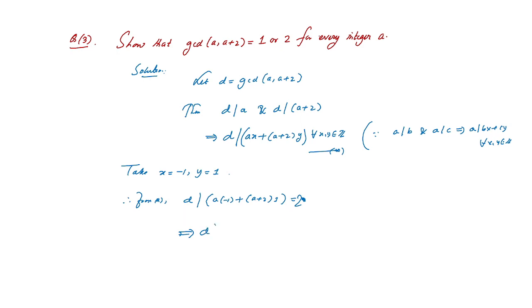So that means D divides 2. So there is a possibility D equals 1 or 2. So that's why D is our GCD. We can conclude here that GCD of a, a plus 2 will be D, and D is either 1 or 2 for every integer a.